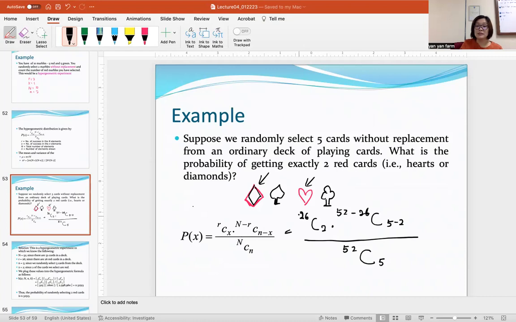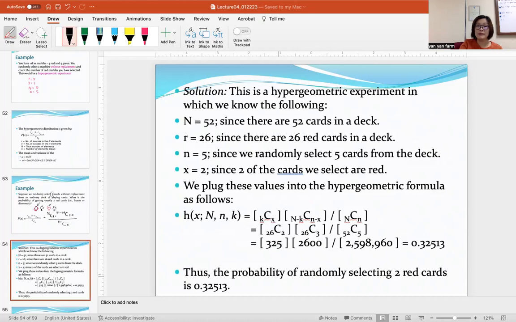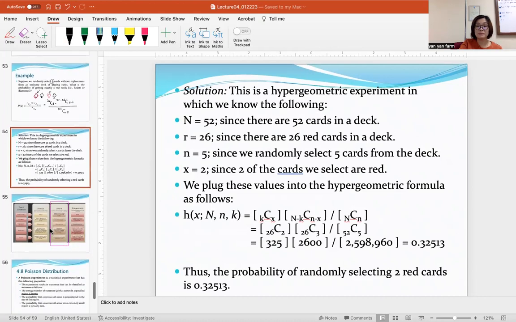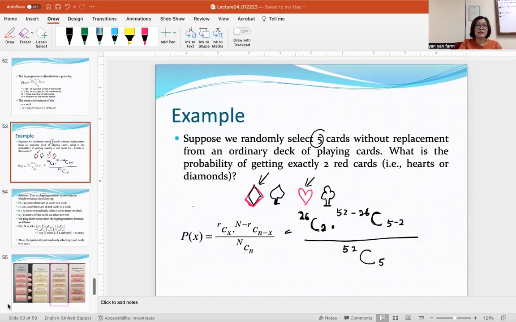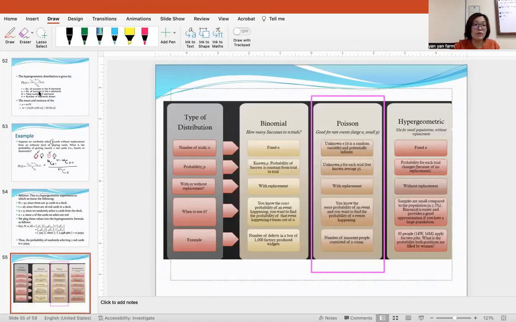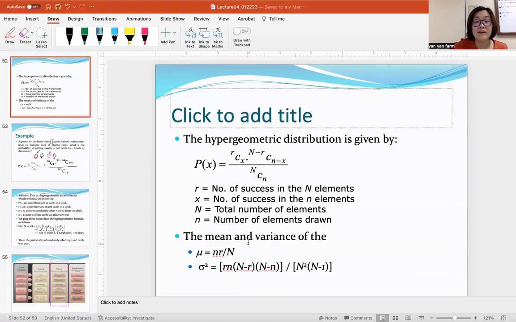I repeat: among 26 red cards, I choose 2, times the rest of the non-red cards, also 26. From the 26, I select 3 because I need 5. And among 52 cards, I select 5. From there, you can get the probability of the random variable that you select 2 red cards, and you can also use it to find your mean and variance.